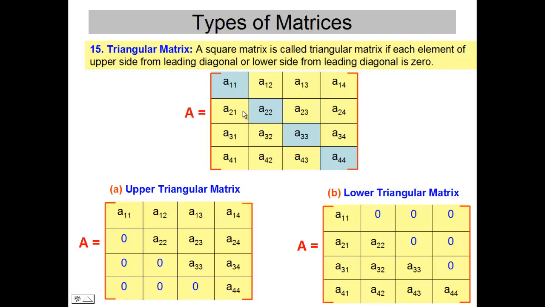In this example of an upper triangular matrix, this is the diagonal and all elements below the diagonal are 0. This is called an upper triangular matrix. Here is the lower triangular matrix. All elements above the diagonal are 0 and the elements below the diagonal are non-zero. This is the lower triangular matrix.